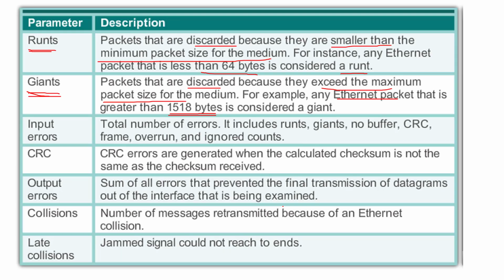The next one is CRC, cyclic redundancy check. What is CRC? Cyclic redundancy check relates to frames which have errors. In the last class, we discussed that the switches work in two different ways.